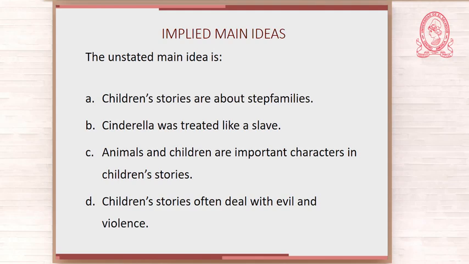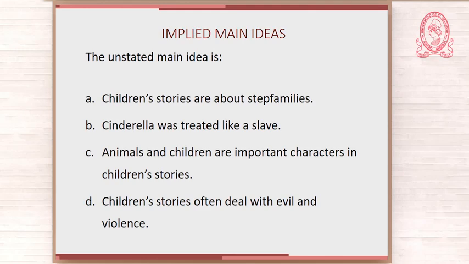Letter C. Animals and children are important characters in children's stories. The detail about Cinderella has nothing to do with animals and children. Also, this answer is not surprising. Most people would expect animals and children to be common characters in children's stories.